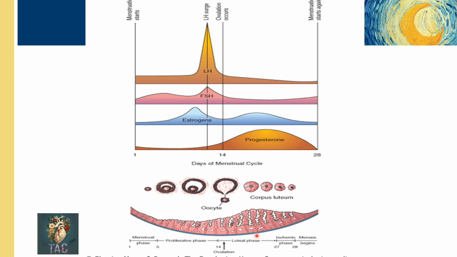During this phase, under the effect of progesterone, there are secretory changes in the endometrium, and it becomes secretory in nature. After this, if pregnancy does not occur, there is a decline of hormone, and the corpus luteum degenerates and results in ischemia and necrosis, and the menstruation starts.